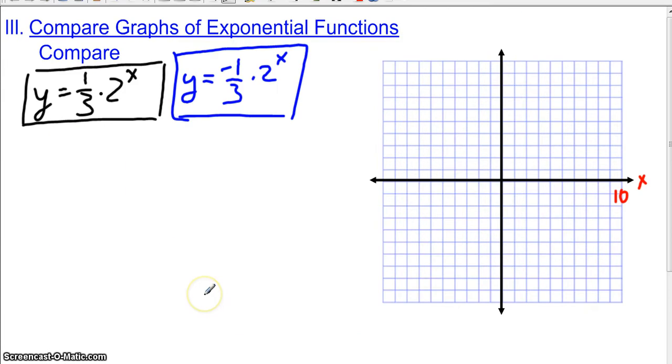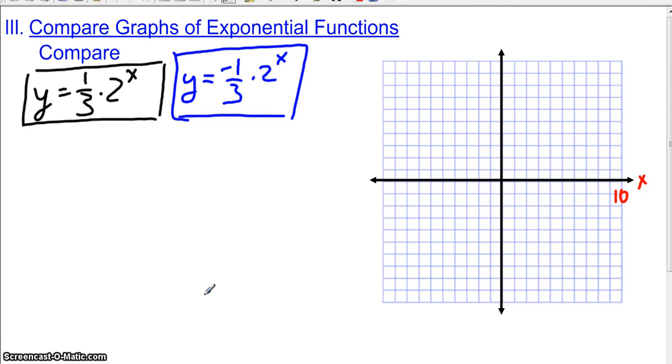Okay? Okay, so finally, what we'll do is graph 2 functions and compare them. We're going to start to look at what transformations happen when you just tweak it a little bit. So these equations look almost exactly alike. The blue equation is different how? Matthew? 1/3 is negative.